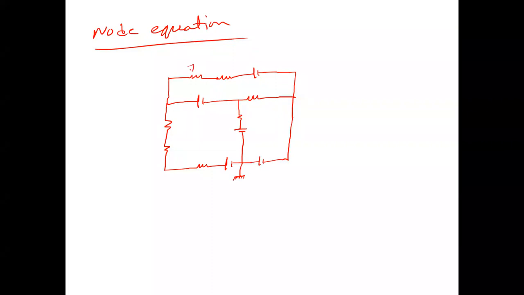In this circuit, this is 7, 3, 30 volts. This is the 5 ampere, 10, 20 volt, 2 ohm, 3 ohm, 2 ohm, 5 ohm, 20 volt. This is the 10 ohm, 50 volt, and 100 volt.